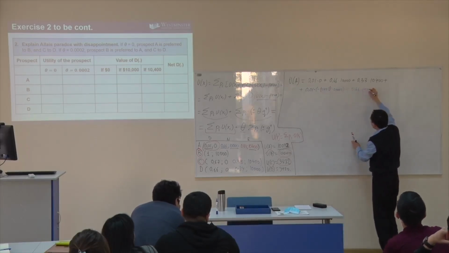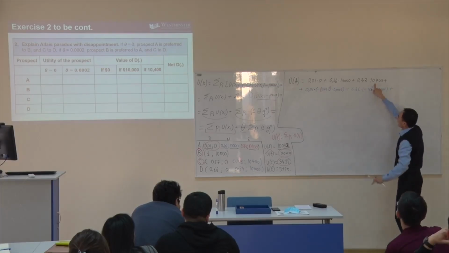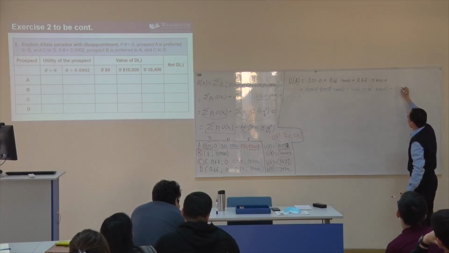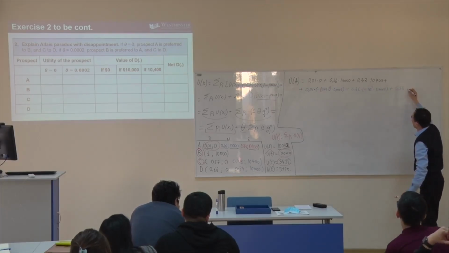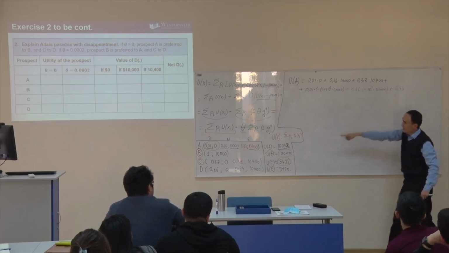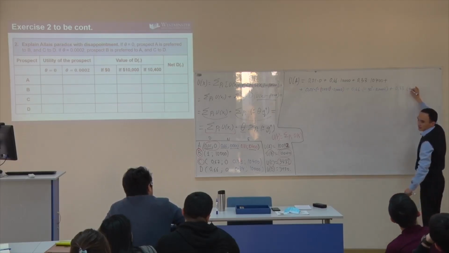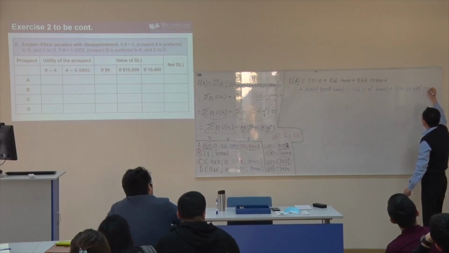So here, minus 32 squared times 0.0002, plus. If now there is 33% chance I'm going to end up with 10,400, how much is it different from my expected utility? Now it is positive. 368 squared times 0.0002.